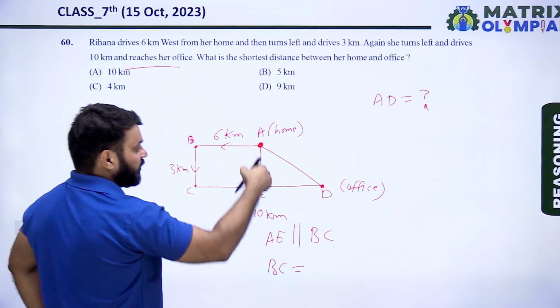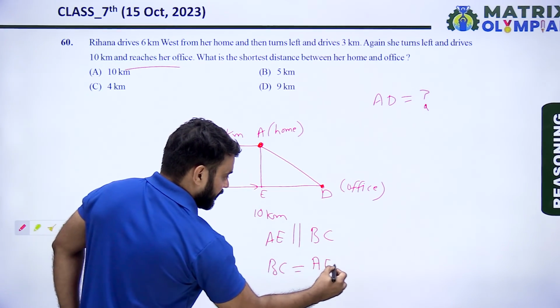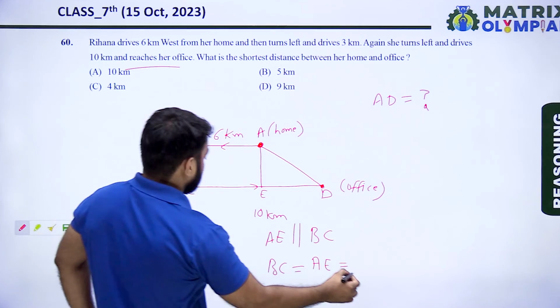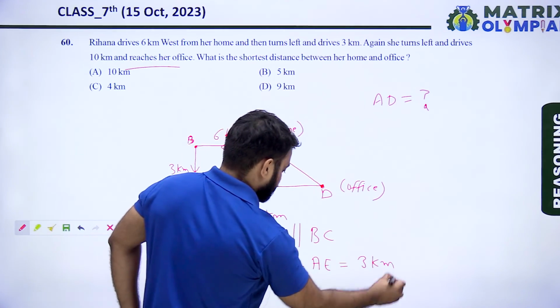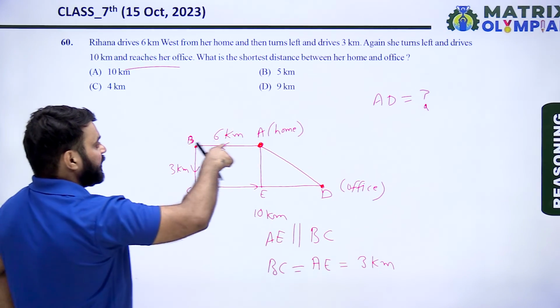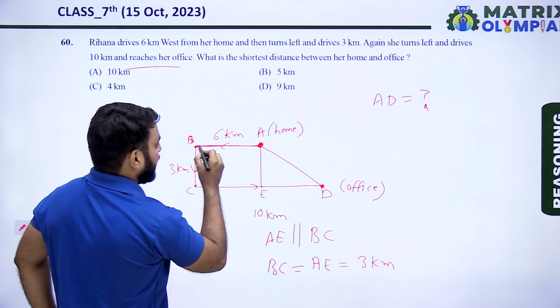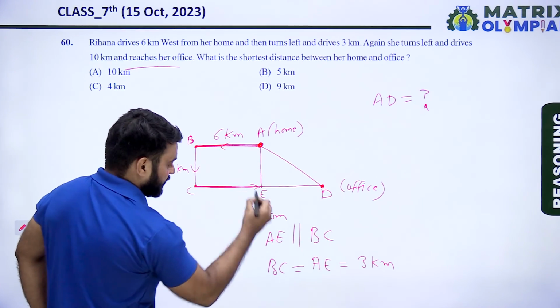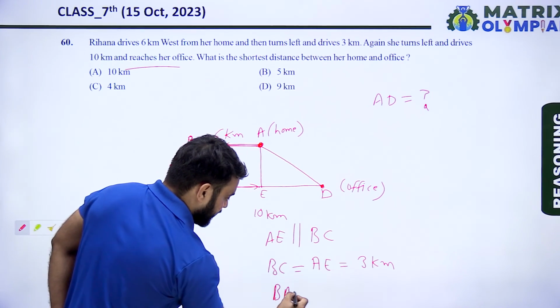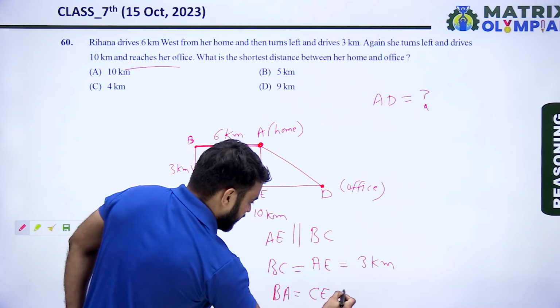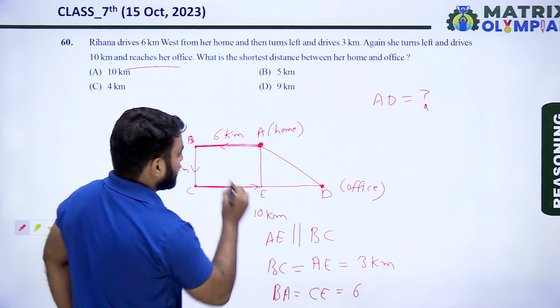AE parallel to BC, so BC is equal to AE. That means both are 3 kilometers. Similarly, BA is equal to CE. Both are 6 kilometers.